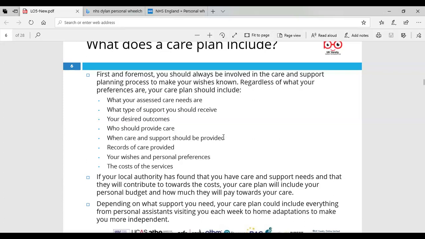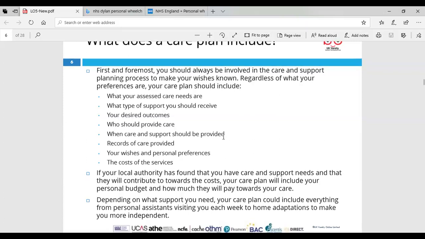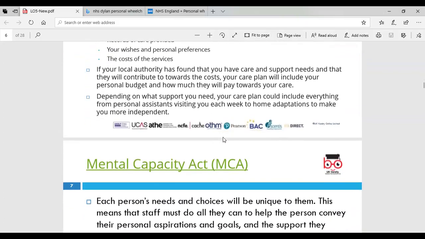And this will be assessed again. If there's a person who cannot afford that, then there are other ways also. Depending upon what support is needed, the care plan should include everything from personal assistance visiting each week, to home adaptations to make the person more independent.